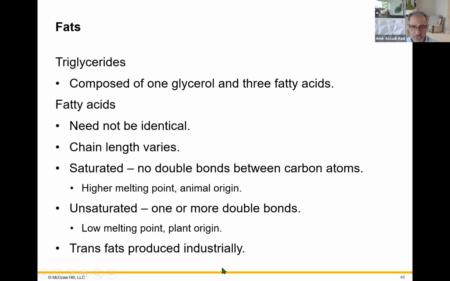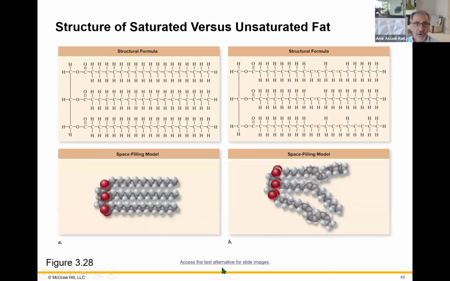Trans fats are produced industrially. Okay, right here is a fatty acid. This is a saturated fatty acid attached to a glycerol molecule. I will put up these for you. This is an unsaturated fatty acid. Still, look, carbon still has 4 covalent bonds. This carbon has 1, 2, 3, 4 covalent bonds around it.